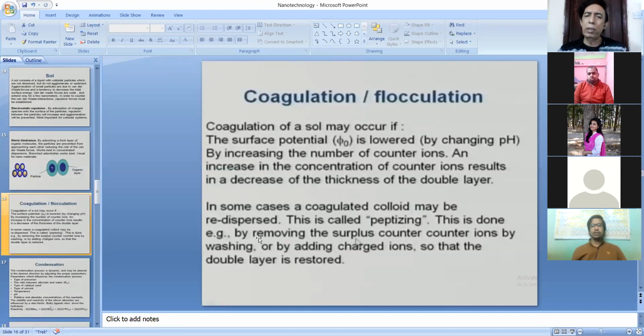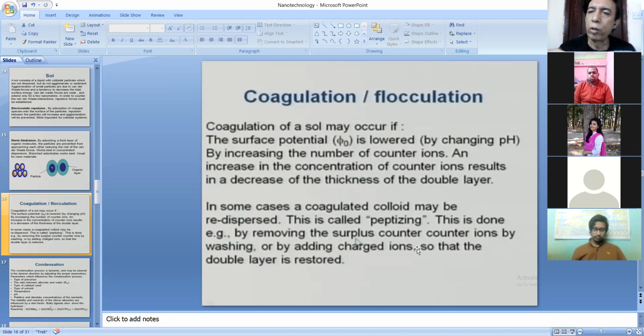Now, in some cases, the coagulated colloid may be dispersed. If by any means the coagulation happens, it may be dispersed in some cases. That is called peptizing. How is this done? That is done by removing the surplus counter ions by washing or by adding charged ion.